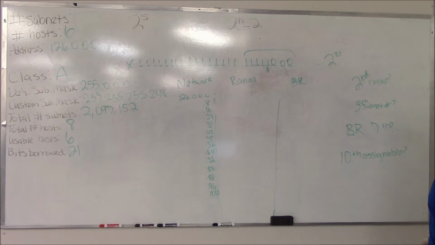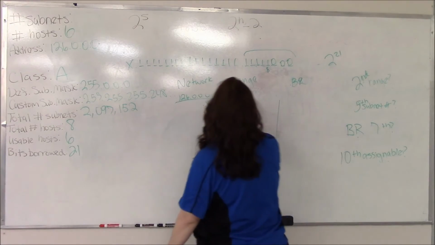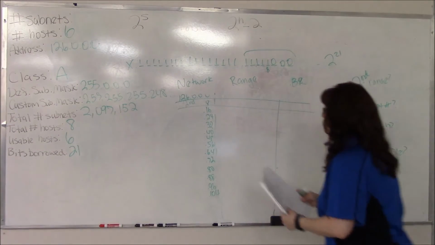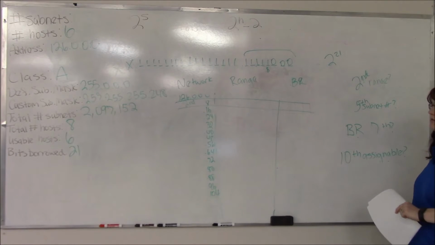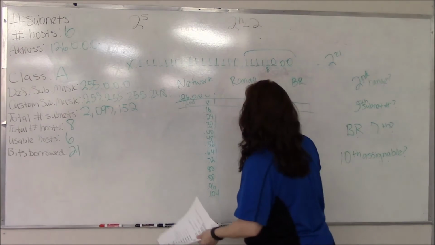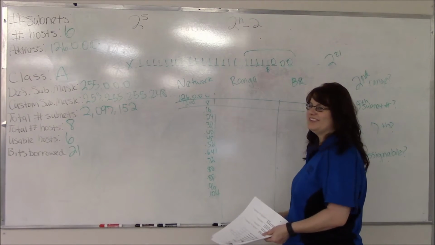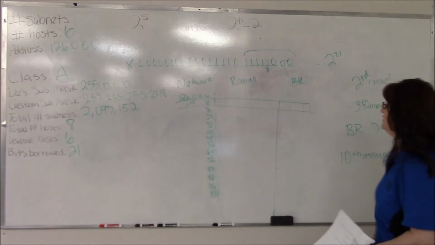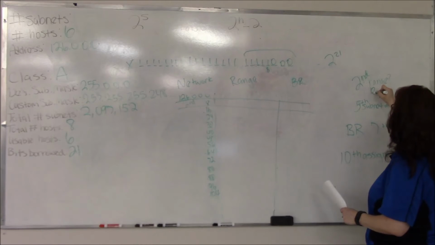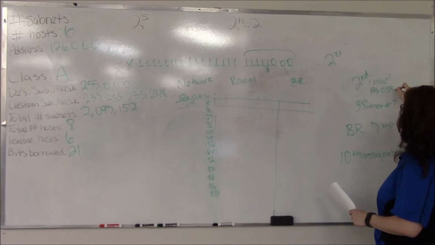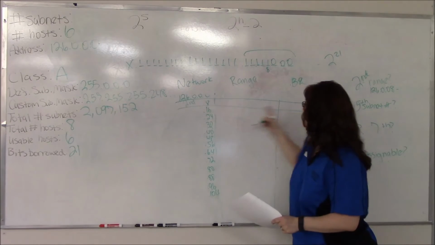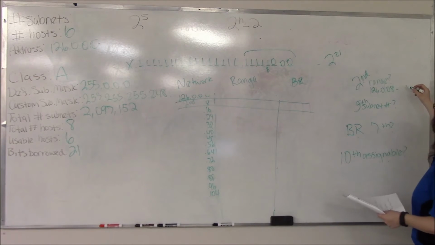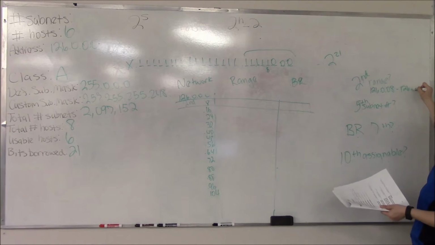Same rules apply. What's the range of the second subnet? It's going to be a .8 to what? .16. 0.15.